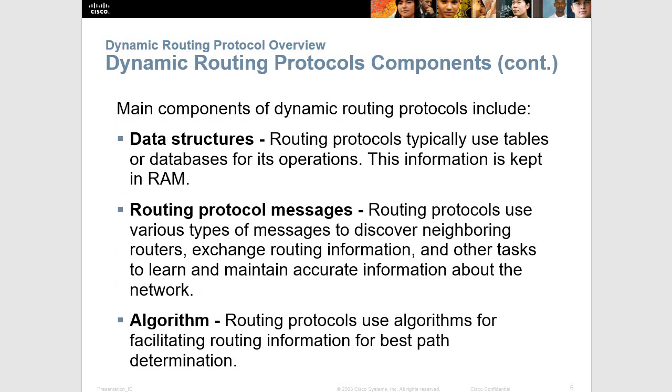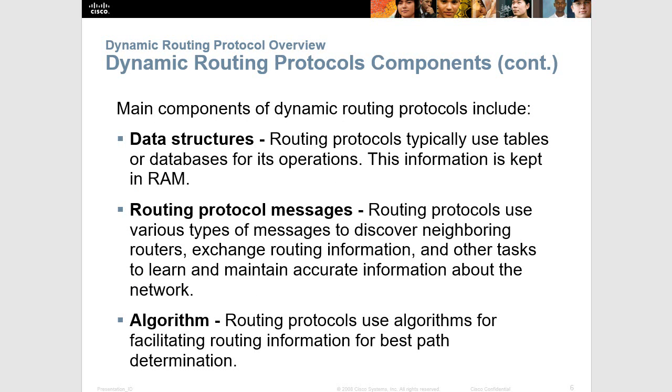Main components of dynamic routing protocols, you want to know these by definition, and just the definitions that you see in front of you are fine. You've got data structures, which include your routing tables and databases that your protocols use for its operations.